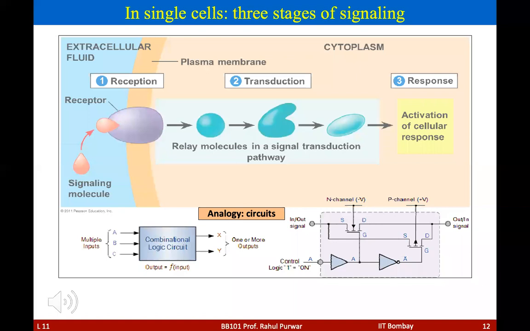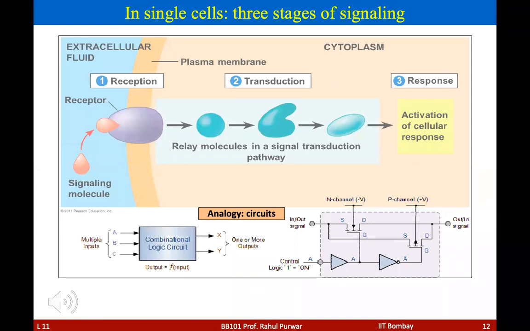So cells are receiving the signal. That is reception, the first step, which you have been seeing all through the slides. Now this receptor relays the signal by a signal transduction pathway.